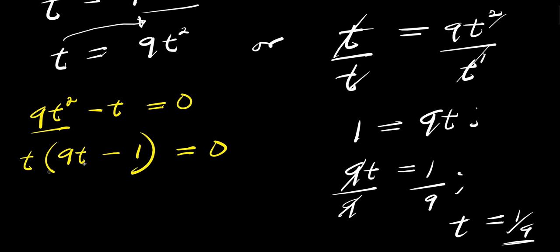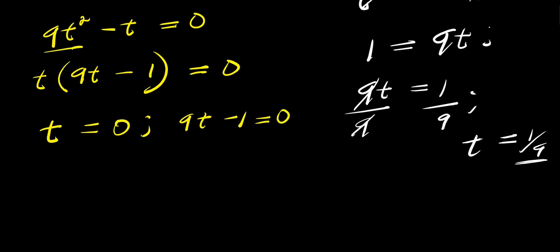So right now, I can equate each of these to 0. I can have t equals 0, and I can also have 9t minus 1 equals 0. So t equals 0 is solved already. For this, we need to solve this equation by moving this negative 1 over here.